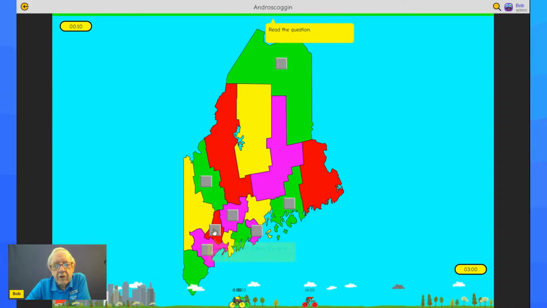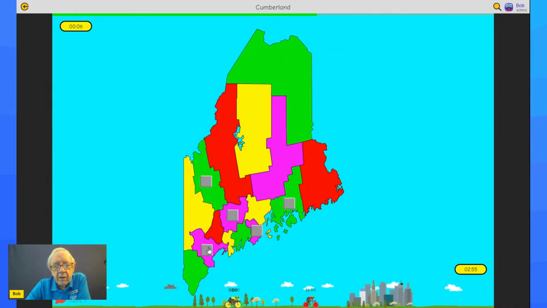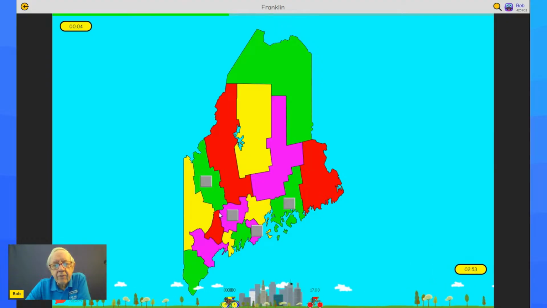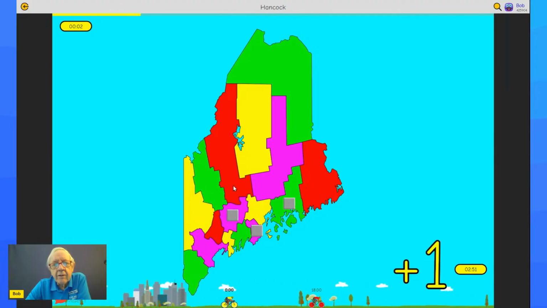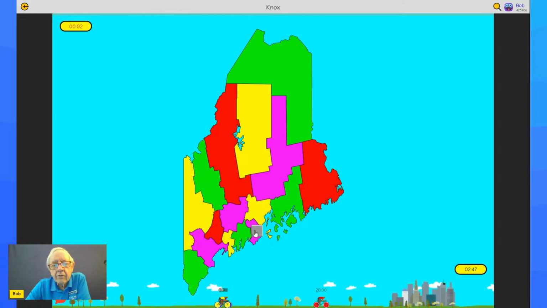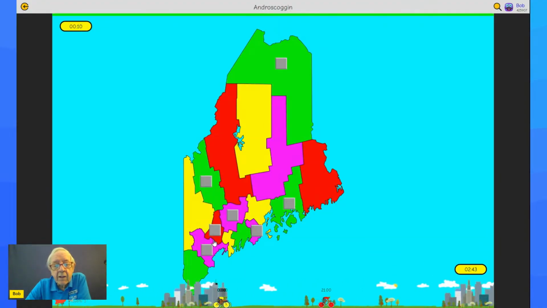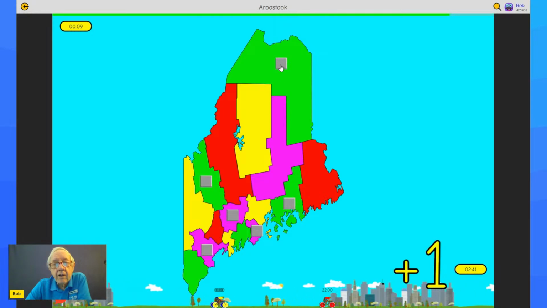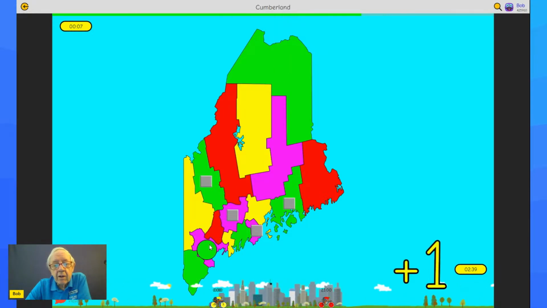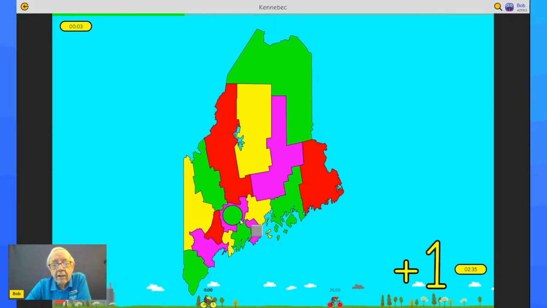That was Androscoggin, Aroostook, Cumberland. Is this Cumberland? It is. Franklin, Hancock, Kennebec, and Knox. Okay, 2 seconds over, so we'll do that again. Androscoggin, Aroostook, Cumberland, Franklin, Hancock, Kennebec, and Knox.